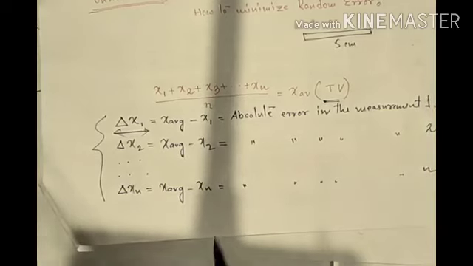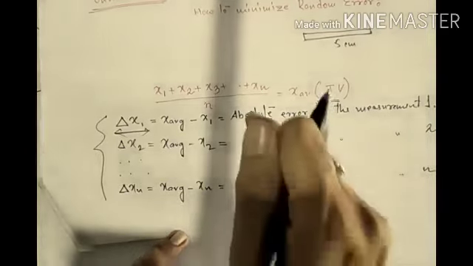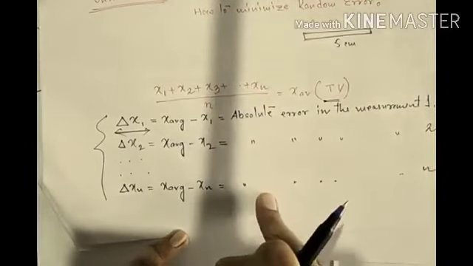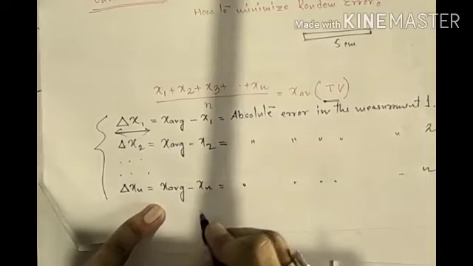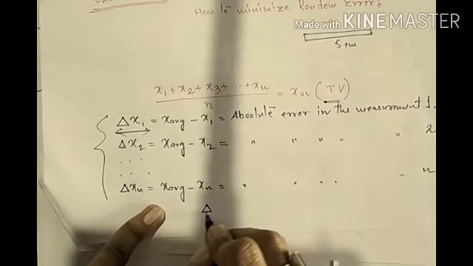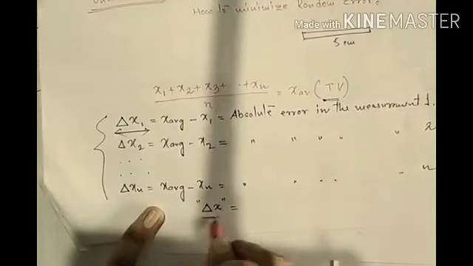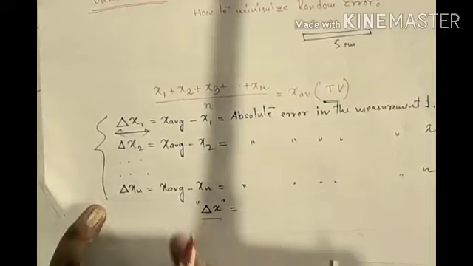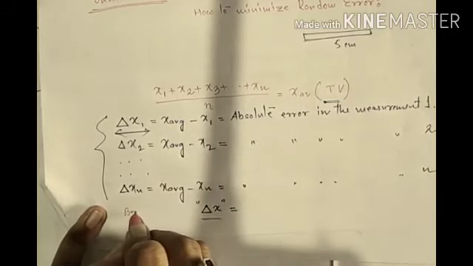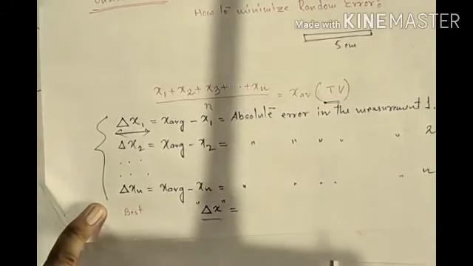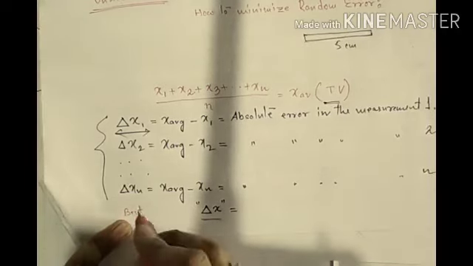The best possible error will be the average of these individual absolute errors. Let me denote it by delta x. Mind that this is the best, the most accurate absolute error.